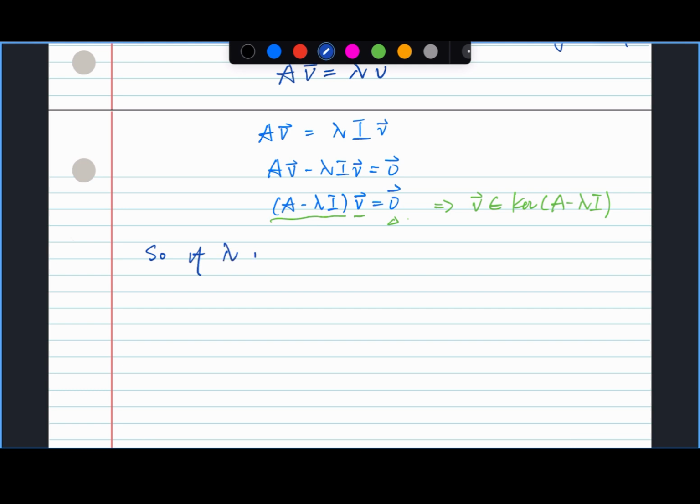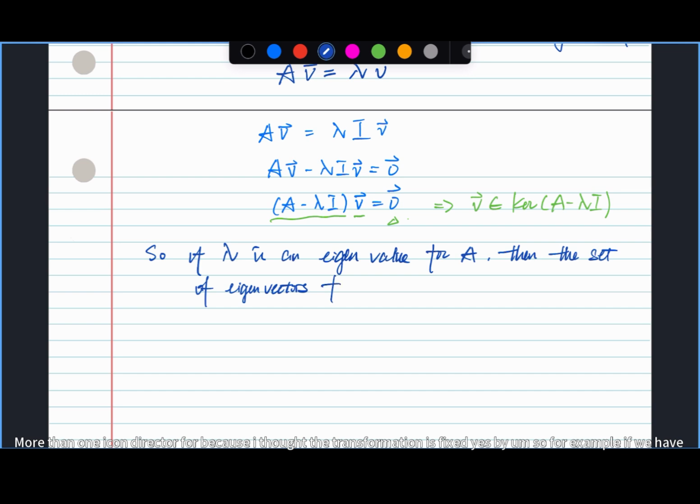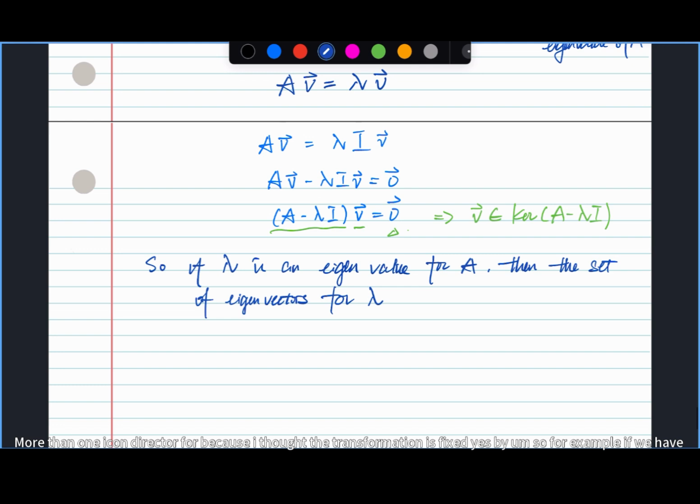If lambda is an eigenvalue for A, then the set of eigenvectors for lambda. How do you have more than one eigenvector for it? Because I thought the transformation is fixed.